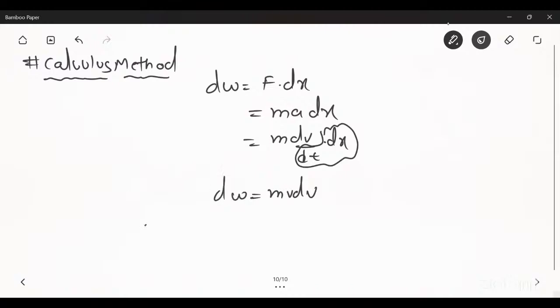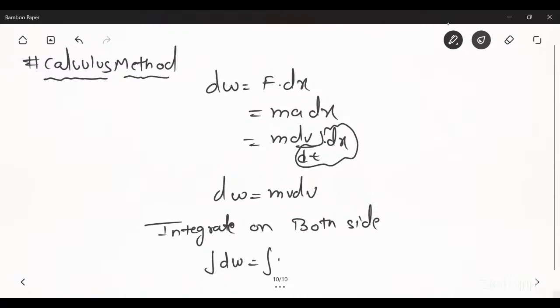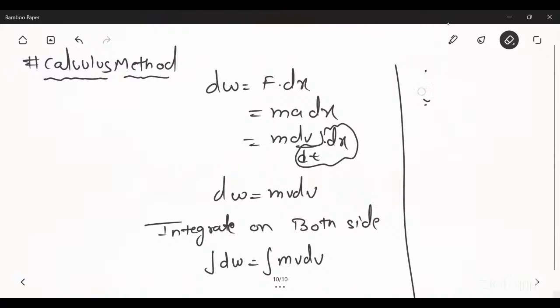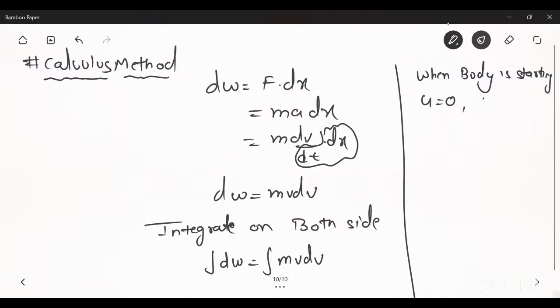Now integrate on both sides. You will get integration of dW equal to integration of mv dv. When the body is starting, its initial velocity is 0 and the work done is equal to 0.